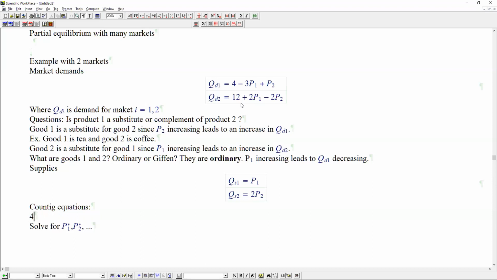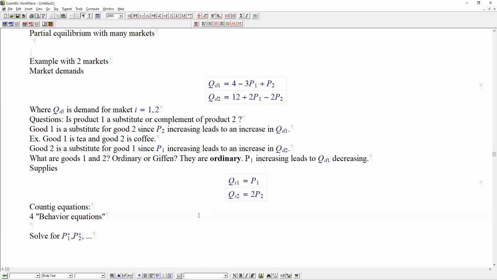I've got 4 behavior equations, which depend on the rationality of agents, assuming that agents are rational. Here we assume this is the best choice consumers can make to buy the quantity of good 1, and the best choice they can make to buy the quantity of good 2. This is the best choice for producers.